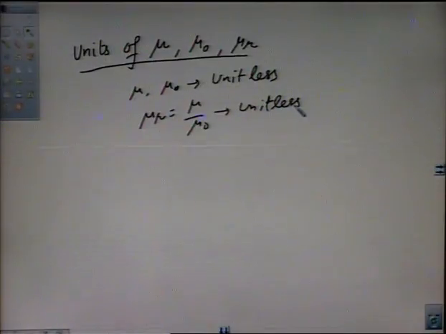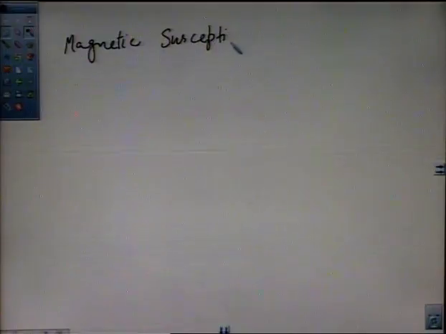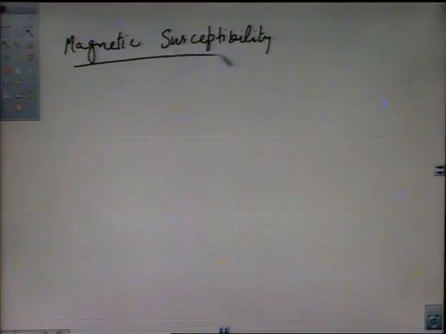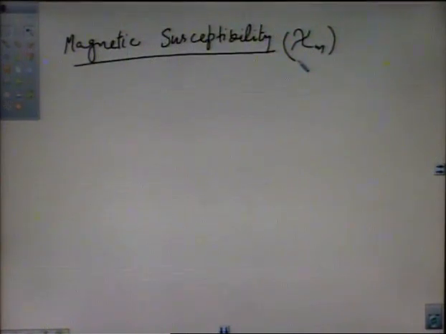So the next topic is magnetic susceptibility. This is another property of magnetic materials. The magnetic susceptibility symbol is chi m. This is also a Greek symbol.